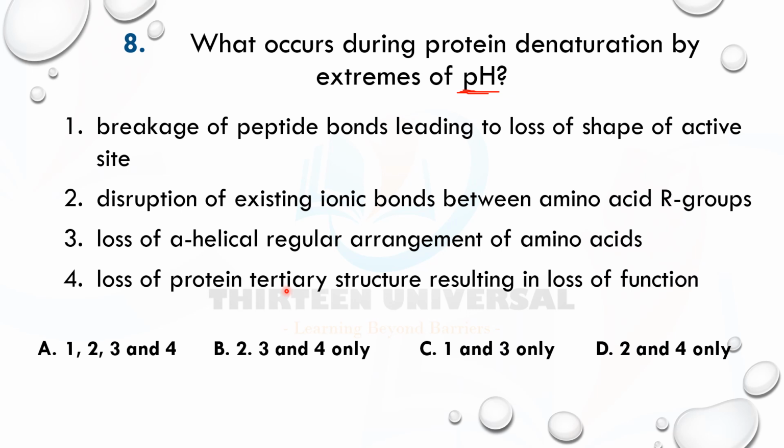Out of the 4 bonds, ionic bonds and hydrogen bonds are part of it, and both of them are broken by extremes of pH. So once they are broken, it will affect the tertiary structure. So what I'm trying to say is that number one is not affected, but the rest are affected by extremes of temperature. Okay, so that's what occurs. So the answer is what? Yes, of course, 2, 3, and 4.